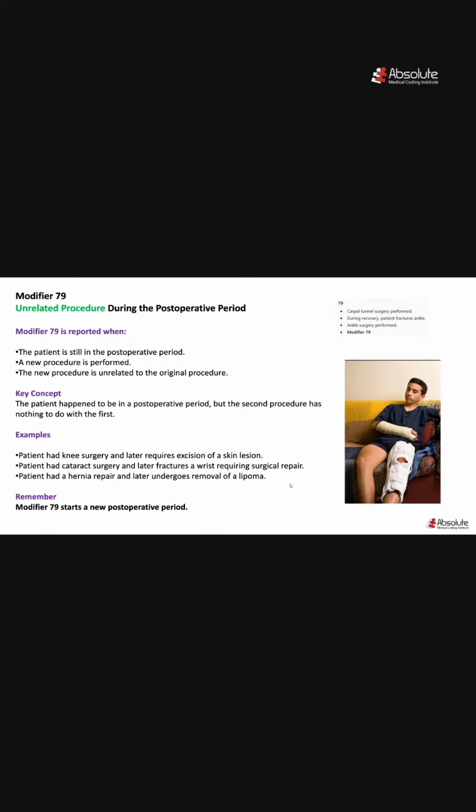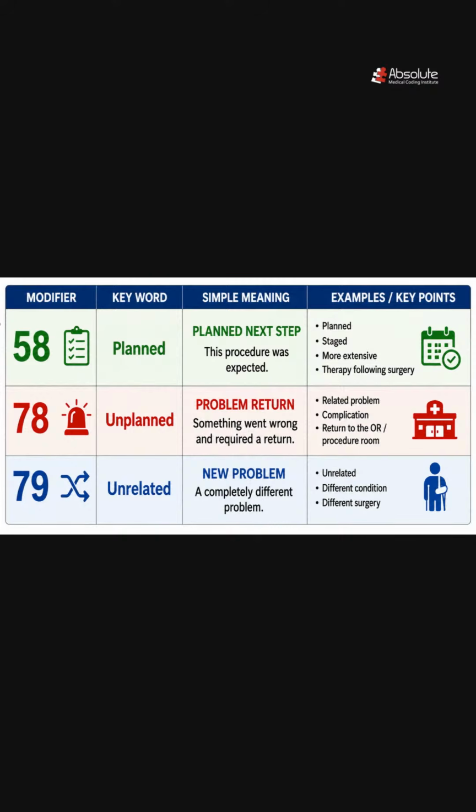Good question. All right, so here you go. Let's go ahead and look at them all together. Modifier 58, the key word is planned. That means they planned it or it is staged. Modifier 78 is unplanned. So it's a related problem or complication.